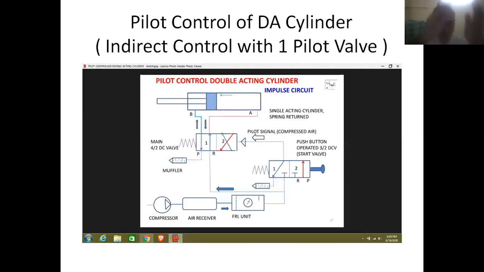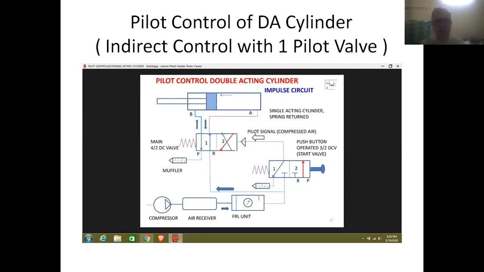It consists of a compressor for raising the pressure energy of fluid, air receiver for storing the high pressure fluid, FRL unit for improving the efficiency of the compressor, pilot valve for controlling the operation of DC valve, and finally DC valve for controlling the operation of the double acting cylinder shown in the figure, and finally this cylinder for controlling the tool of a machine.